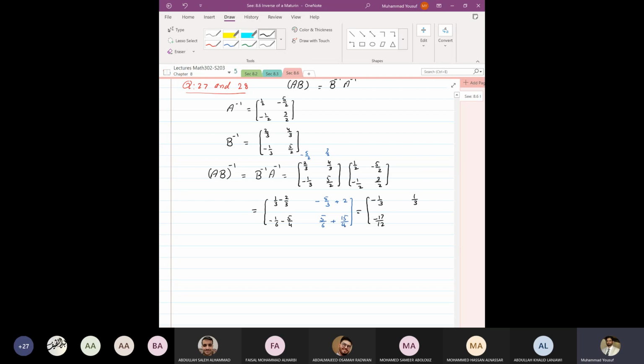And here 12 is the common denominator. And then 10 here and 15 times 3, 45. So it is 55 over 12. So this is the answer for question number 27. Let me check if it is correct.